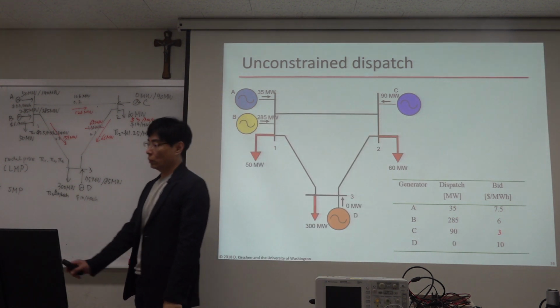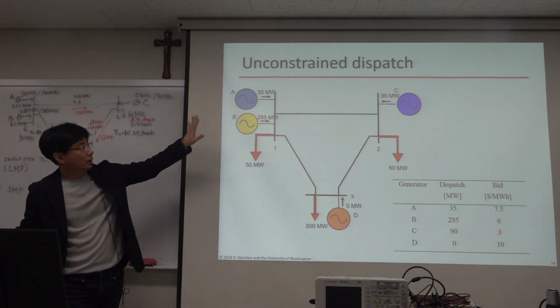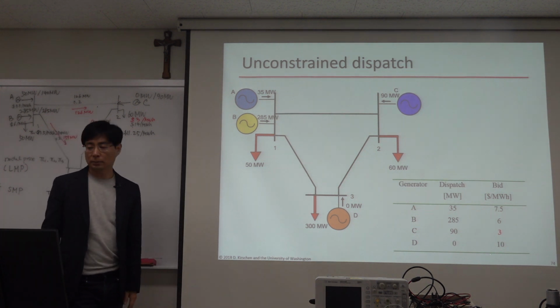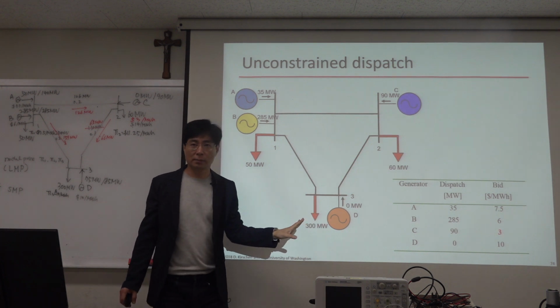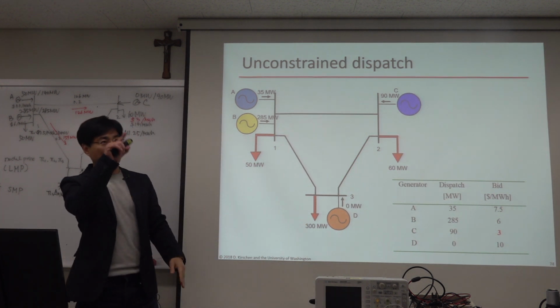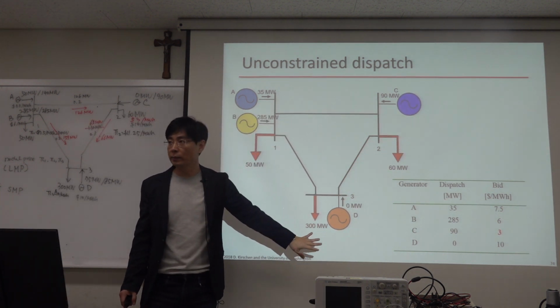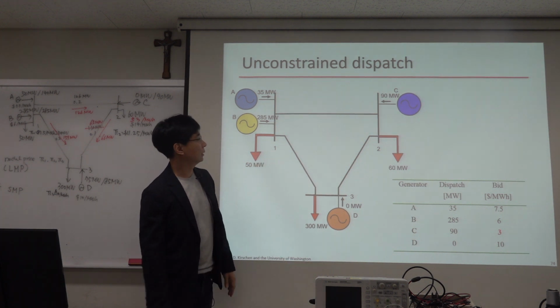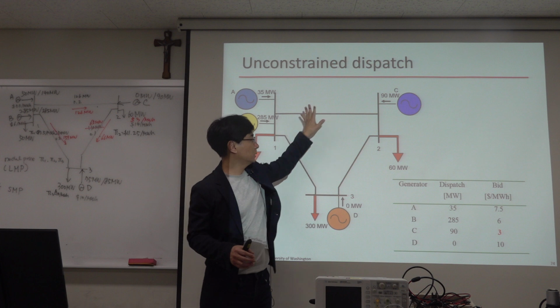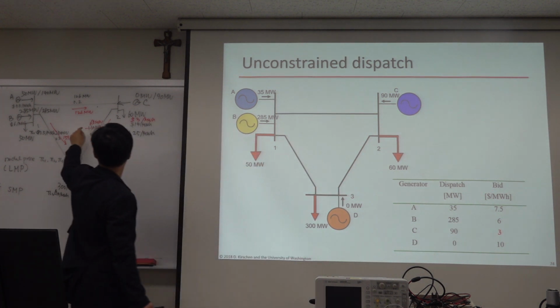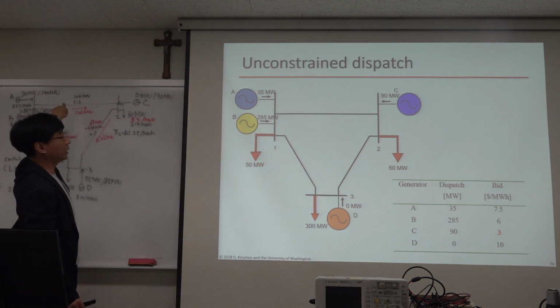Given this, delta P1, delta P2, delta P3, or if you don't want to use delta, just P1, P2, P3 injected, and see how that affects the power flow on each line. And for each line, you need to satisfy the maximum constraints.